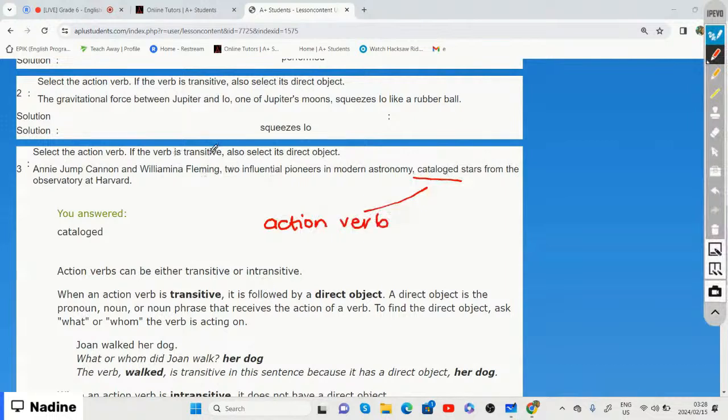And if the verb is transitive, we also need to select the direct object. So basically, stars is then our direct object, because it is basically asking us whom. If we ask ourselves what or whom the verb is acting on, then we can say the stars from the observatory at Harvard.